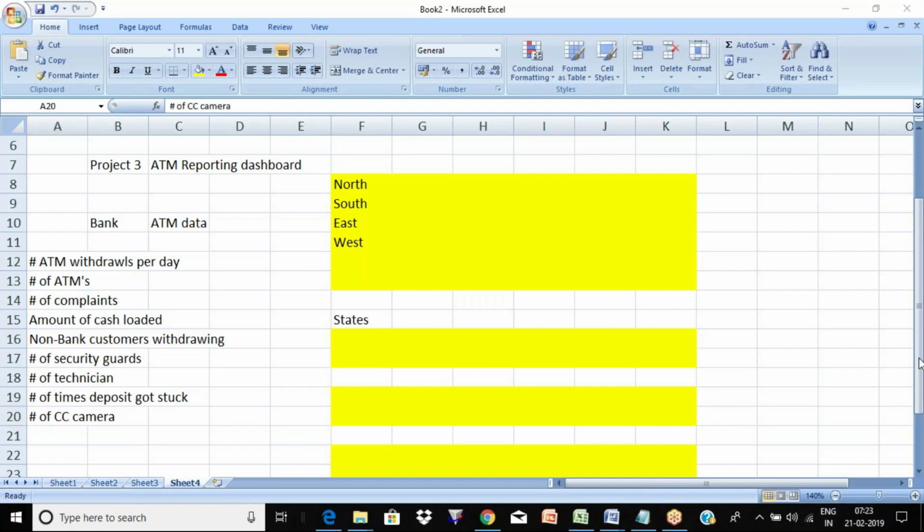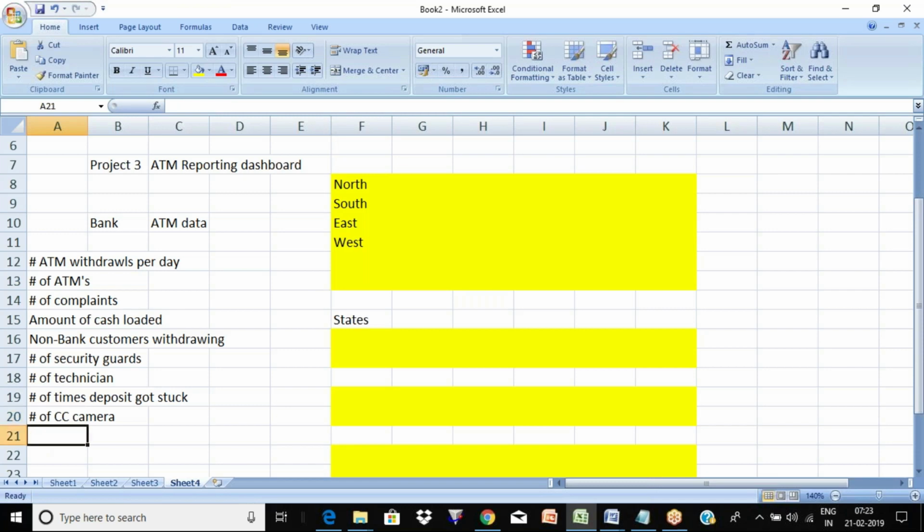Okay, Krishna is saying volume, amount of cash being withdrawn area-wise, which can help in increasing the limit and the frequency of cash loading for those areas. Perfect. So we want to look at the number of withdrawals.